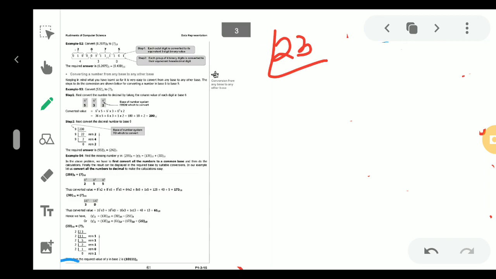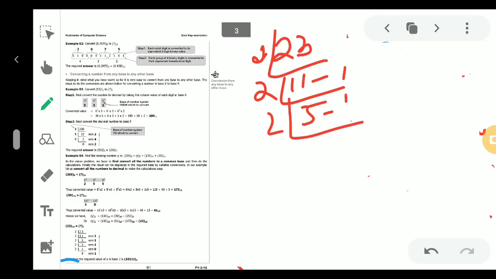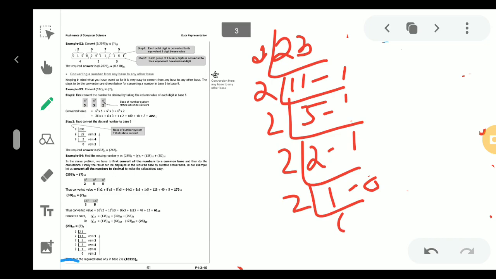So you divide by 2: 11 remainder 1. Again divide by 2: 5 remainder 1, then 2 remainder 1, then 1 remainder 0, then 0 remainder 1. So the answer is 10111. The value of y base 2 is equal to 10111 base 2.